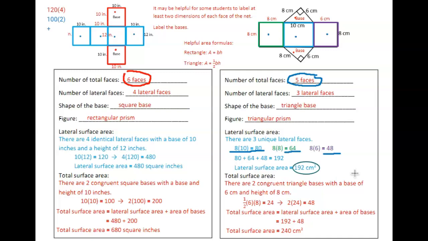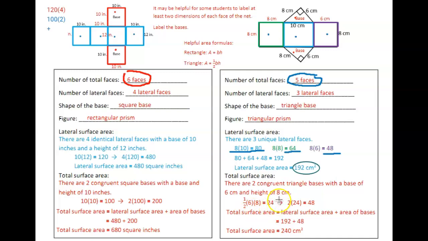Now that gives you the lateral surface area. Just like the rectangular prism, we're going to take that lateral surface area of 192 centimeters squared, and we're going to add the area of the 2 triangles. So your base of the triangle is 6, and you have a height of 8. 6 times 8 is 48.